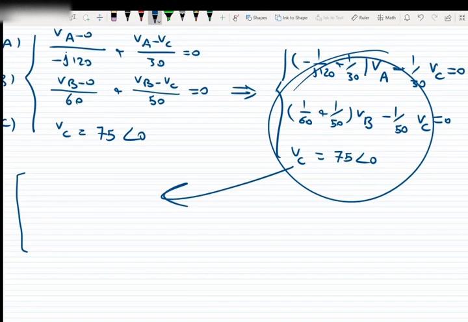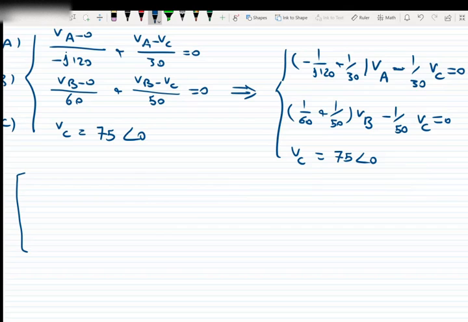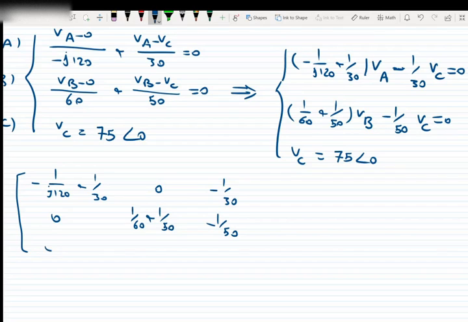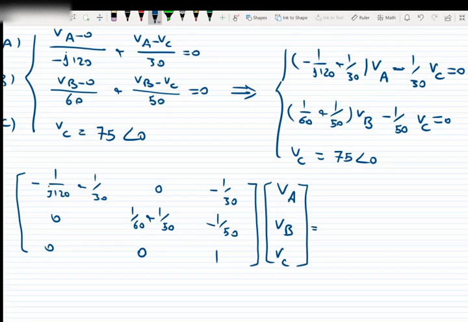Let's put these values in the matrix, and we will have: negative 1 over J120 plus 1 over 30, 0, negative 1 over 30; 0, 1 over 60 plus 1 over 50, negative 1 over 50; 0, 0, 1; multiplied by VA, VB, VC is equal to 0, 0, 75 with the angle of 0.